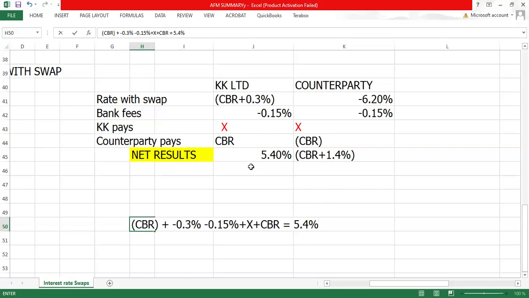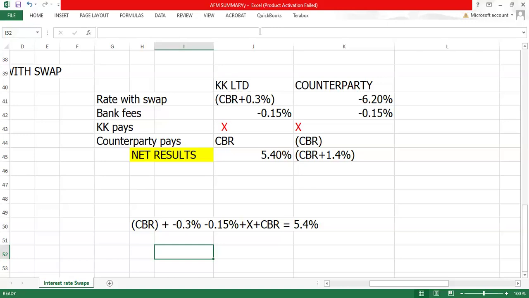Yes. So I am looking for the unknown. I get this plus this plus this plus this, then equal to this. But remember, some of your figures are negative. So you have negative CBR and also positive CBR. Don't you see that these ones will cancel? This one will cancel with this. And you'll be left with negatives.